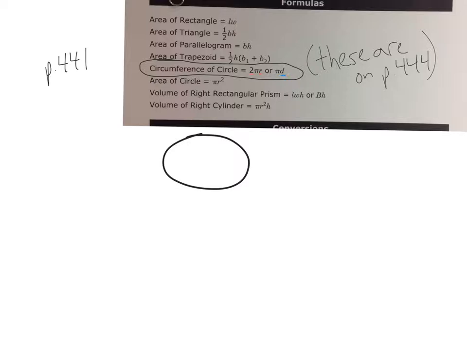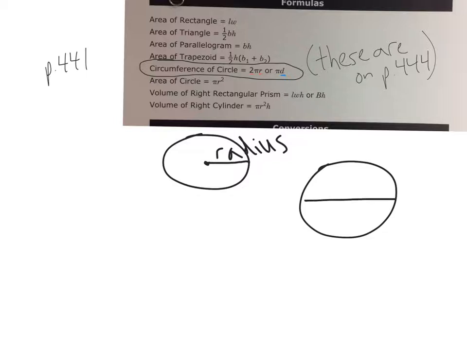That's more of an oval there, but anyway, on a circle we could have something that goes halfway across the circle, called the radius. And then we could have something that goes all the way across the circle through the center, called the diameter. Well, if we think about it, we have a radius. If we would have another radius, that would be the same as the diameter.